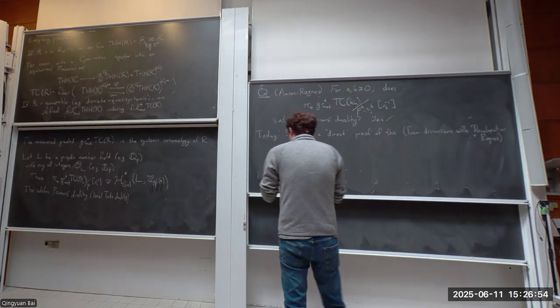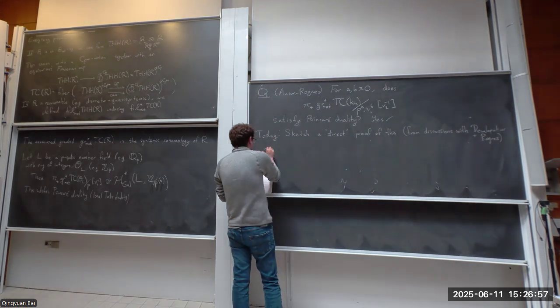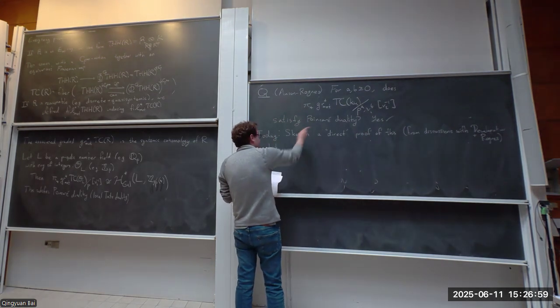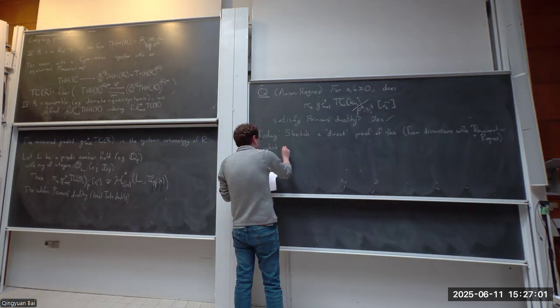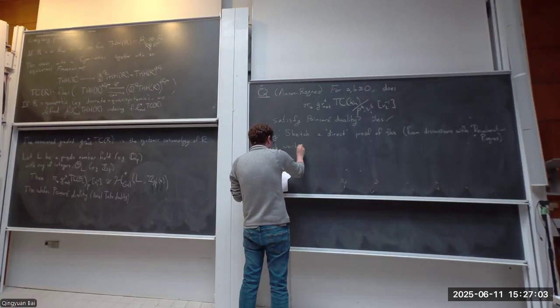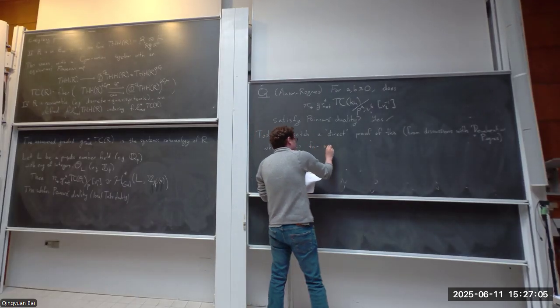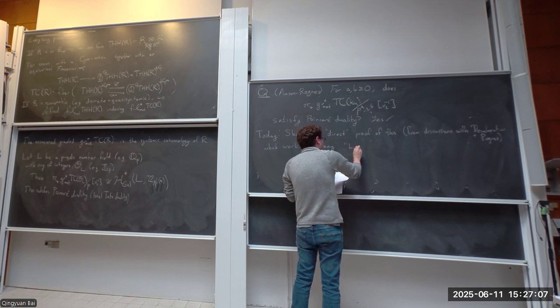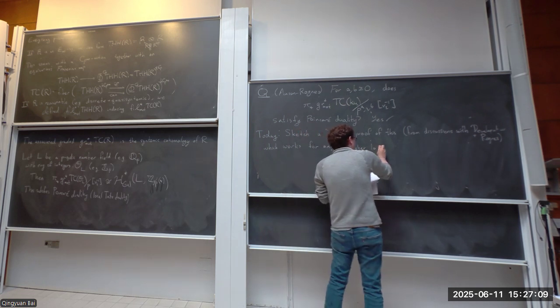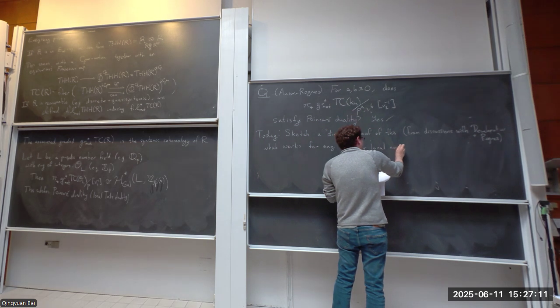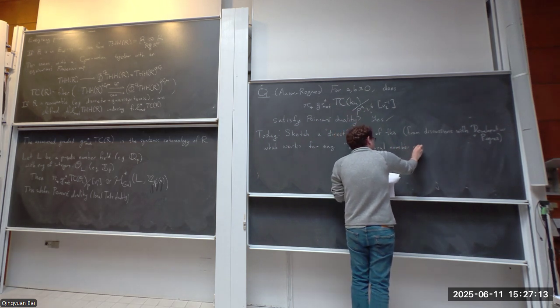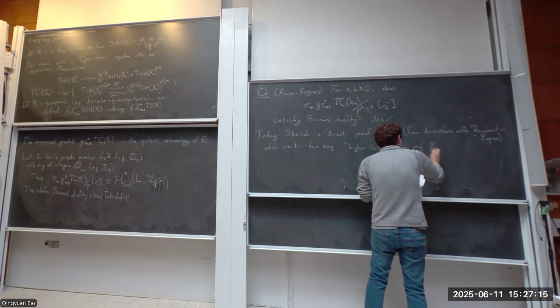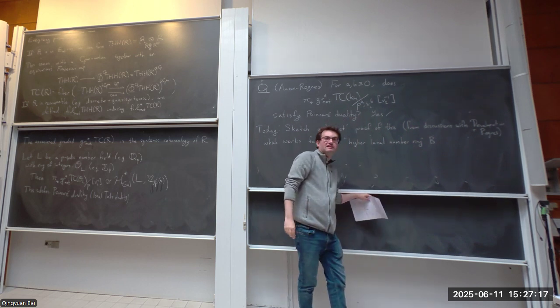But what I mean by direct proof should still work for a variety of things, not just complex state theory. It should work for any higher local numbering, whatever that is, higher here in the sense of chromatic homotopy theory.